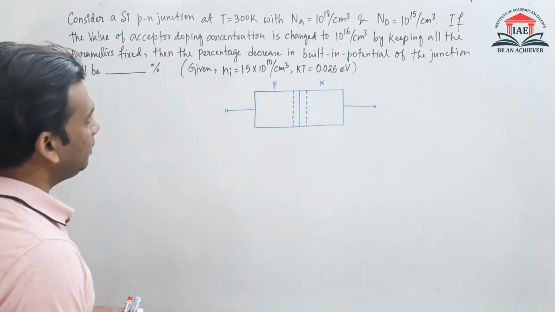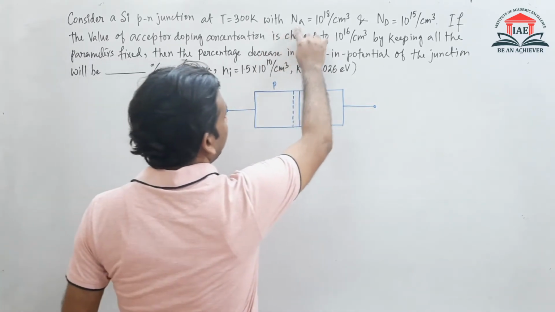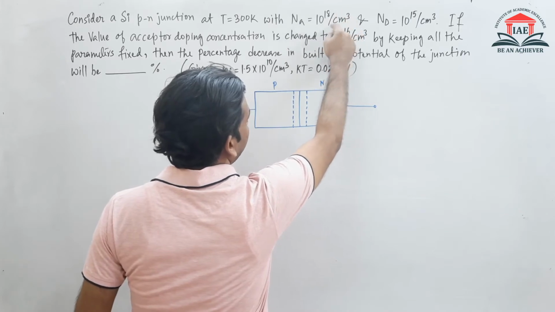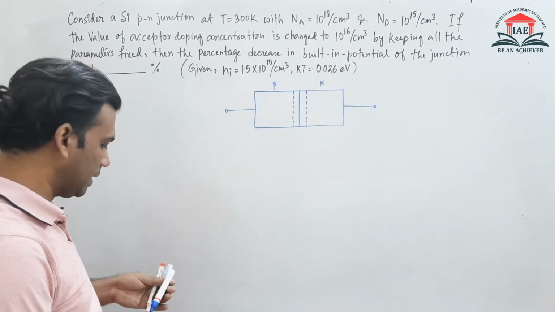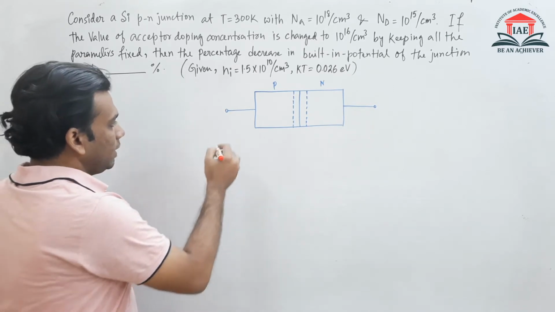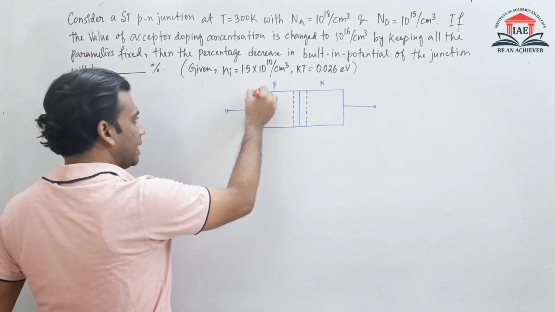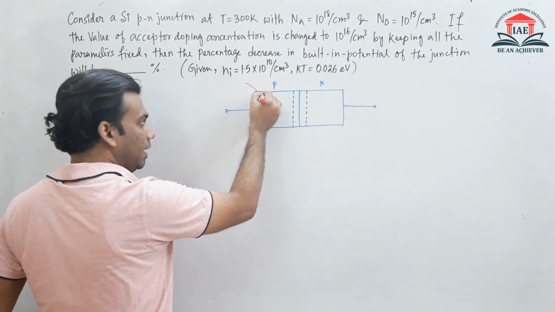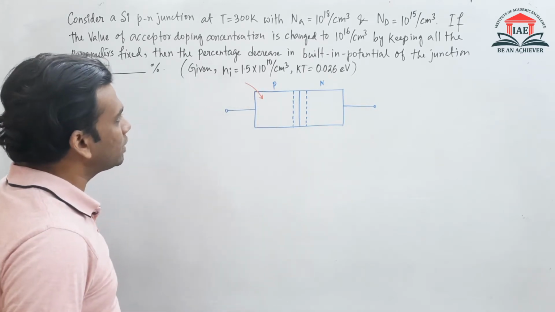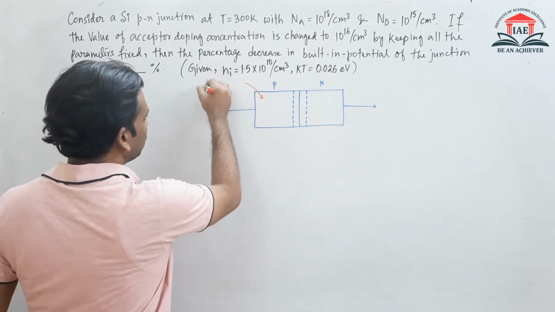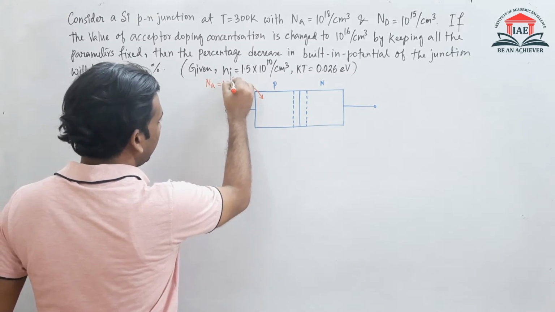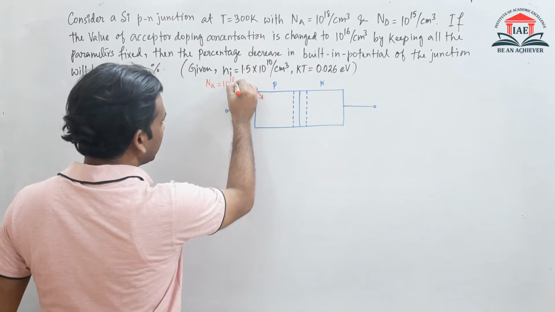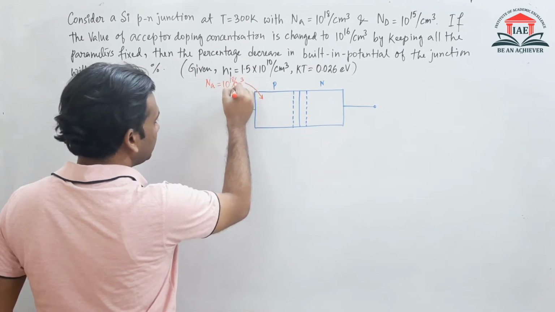Now what is written? With Na equals 10 to the power 18 per centimeter cube. What is Na? Na is the acceptor doping concentration. So that means, what is my doping concentration in the P side? The doping concentration in the P side is Na equals 10 to the power 18 per centimeter cube.